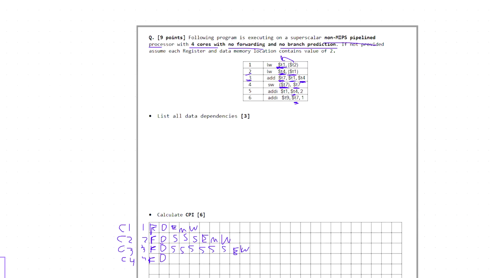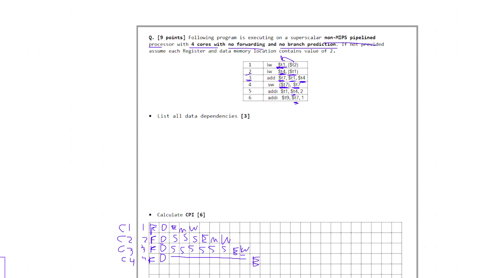Now, instruction 4 is relying on T7. Well, T7 is not going to be done until over here, so my exec can't happen until after that W. So all this is going to be stall. I do not want to write out more S's, so I'm just going to draw a line to show that it's stall. All right, and this is going to be a store word.